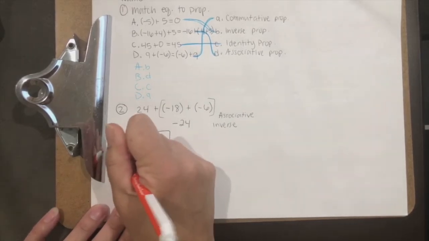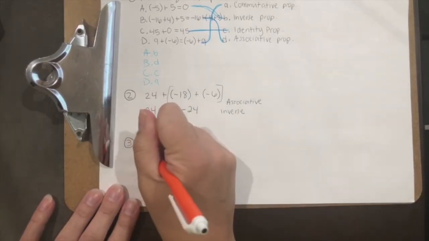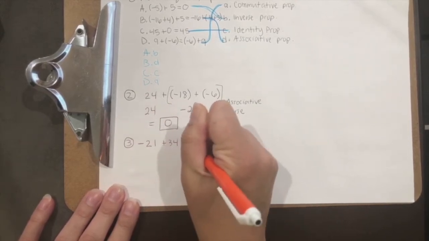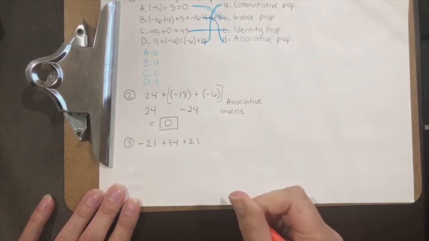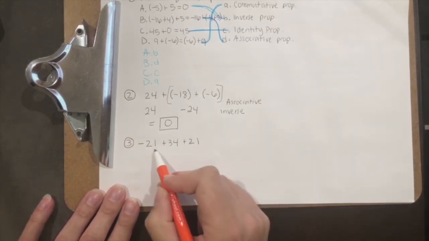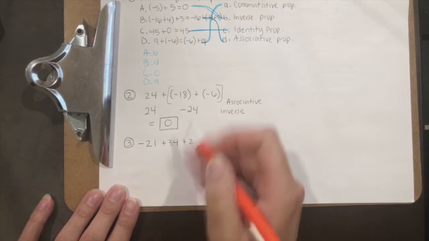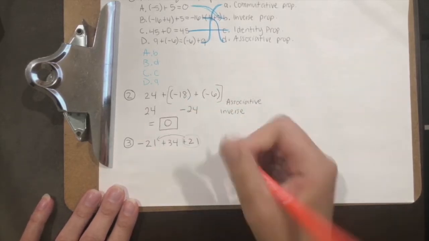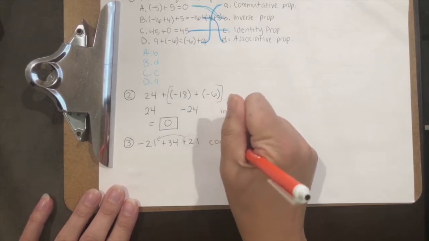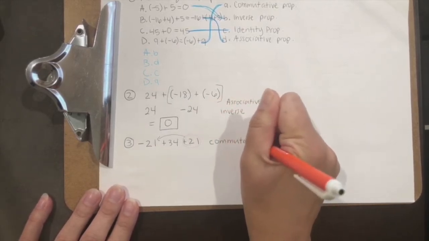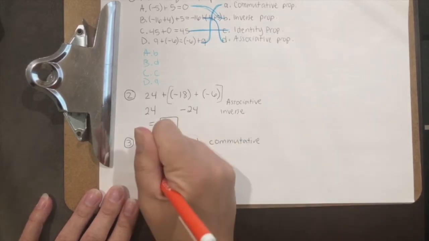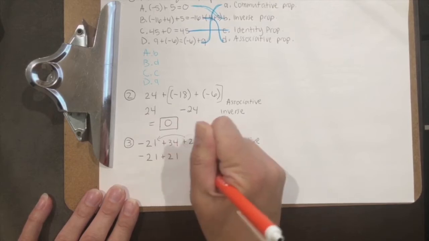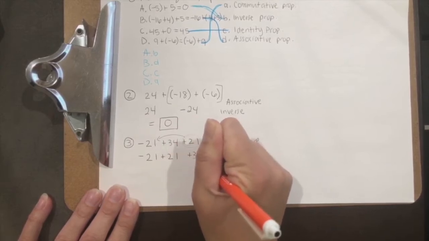Okay, number 3, negative 21 plus 34 plus 21. Well, if I just rewrite this in a different order and I move this positive 21 over next to the negative 21 using the commutative property, then I can cancel them out. Negative 21 plus positive 21 plus 34.